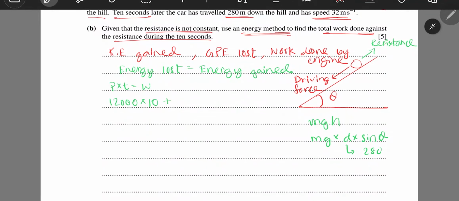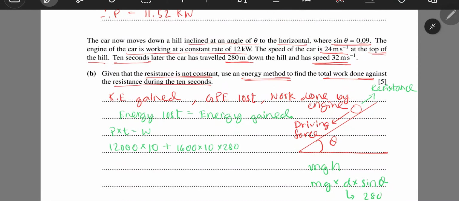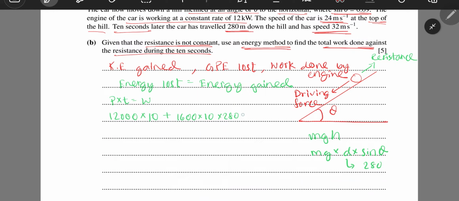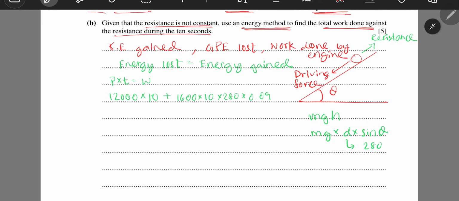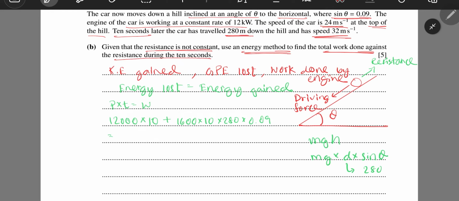So 1600 times 10 times 280 sine theta, the value of sine theta is given, so 0.09. So these are the energy lost, the work done by the car engine and the GPE lost, and all of this is gained as kinetic energy and work done against friction.